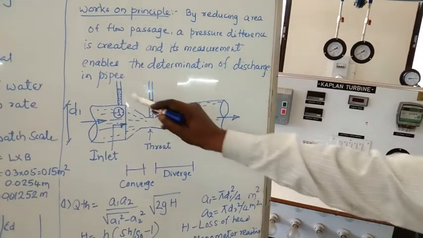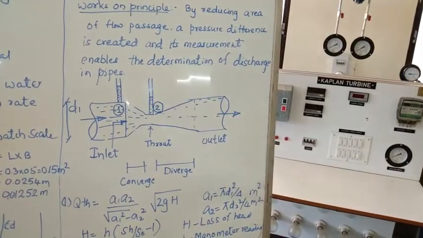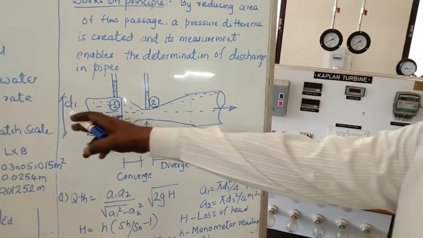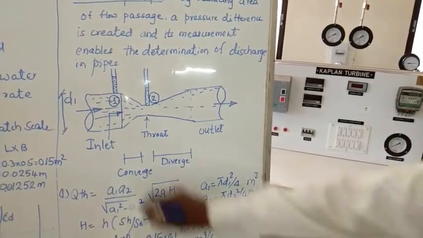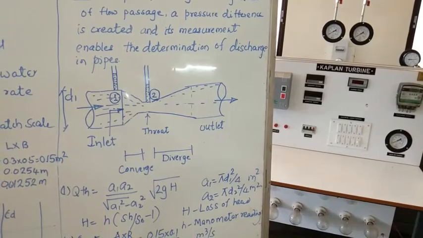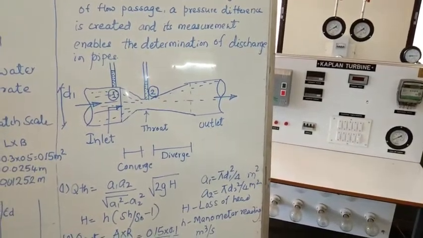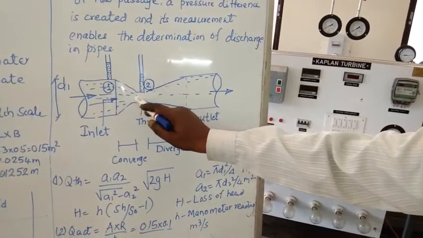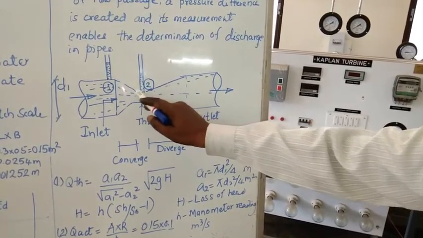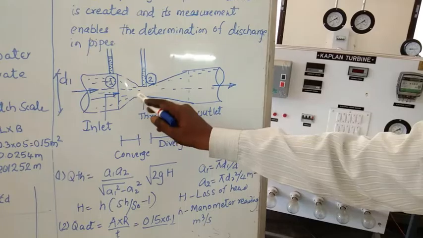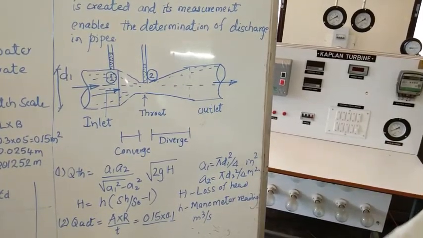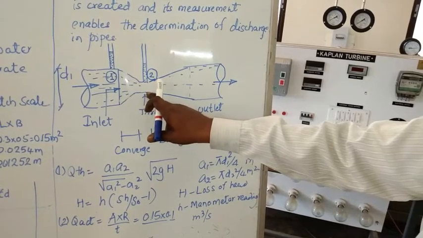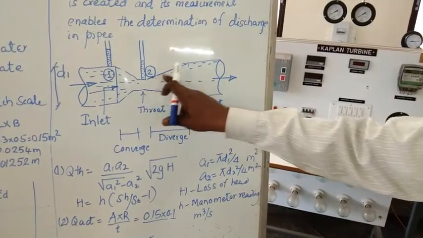Here it is connected with a U-tube manometer. If you observe this diagram, this is the inlet, where the diameter of the inlet pipe is D1, and this one converges, and in the central portion is the throat. Here the diameter is reduced, and again the diameter gradually increases.